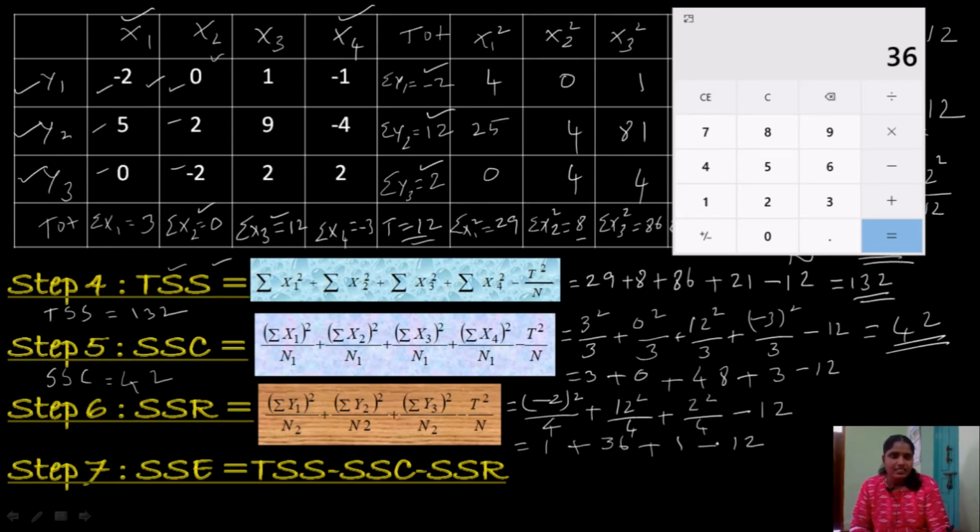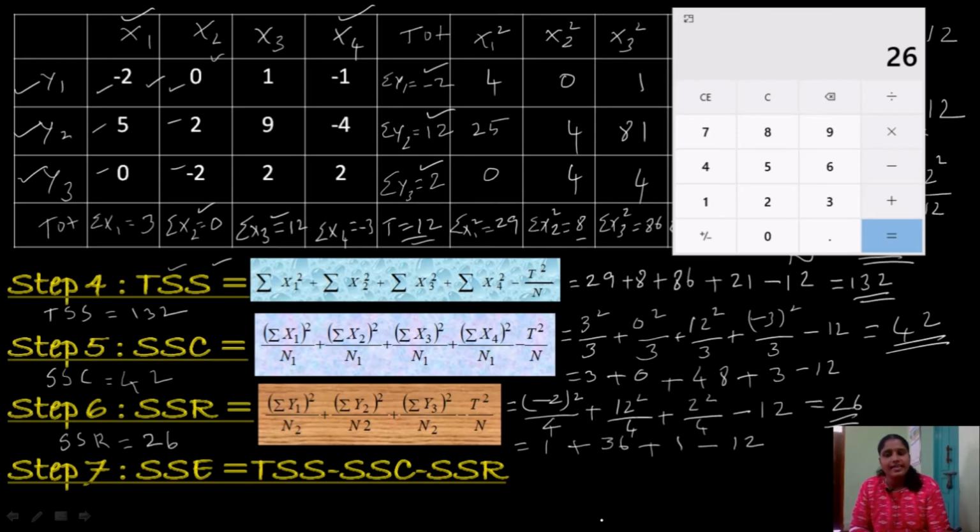By adding all these values we get the value of SSR, that is 1 plus 36 plus 1 minus 12, that is equal to 26. So SSR value we have calculated as 26.